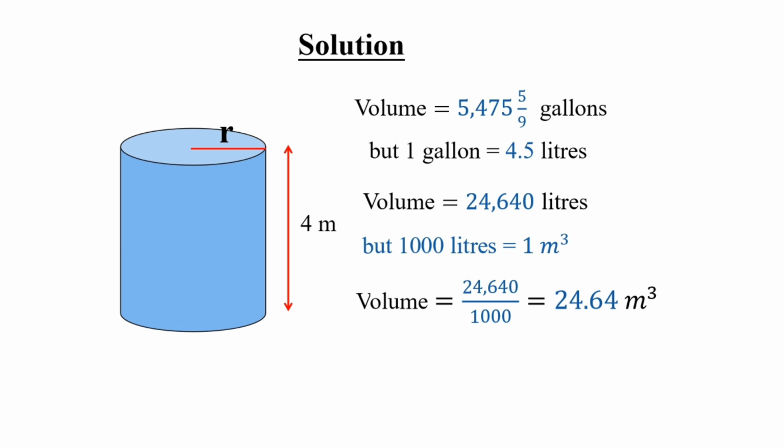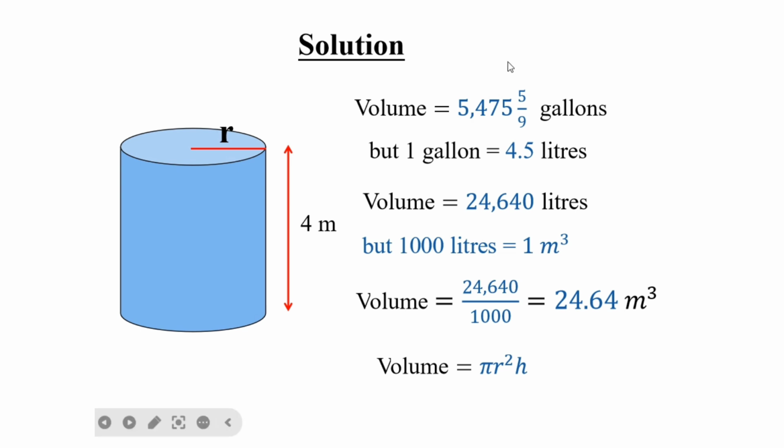Once we know the volume, how do we find the radius? The formula for the volume of a cylinder is pi r squared h, where pi is 22/7 and the height is given as 4 meters.